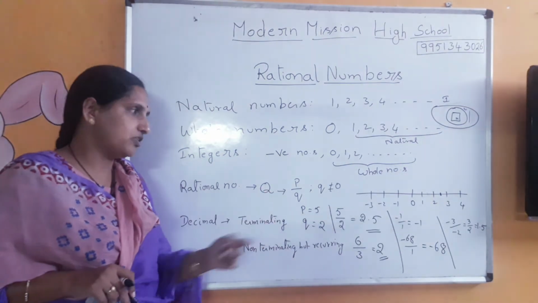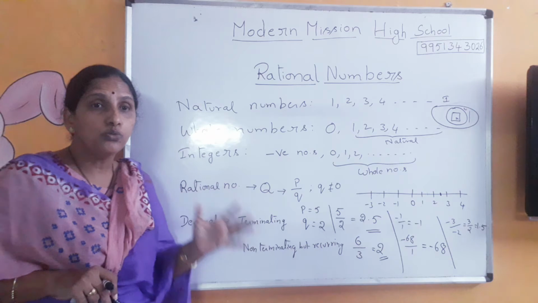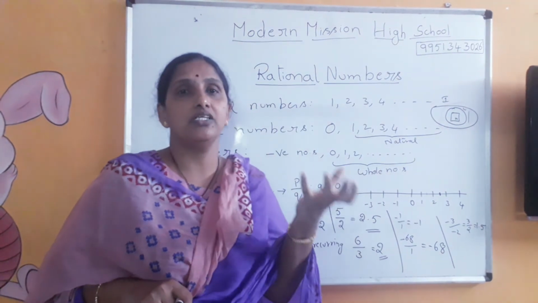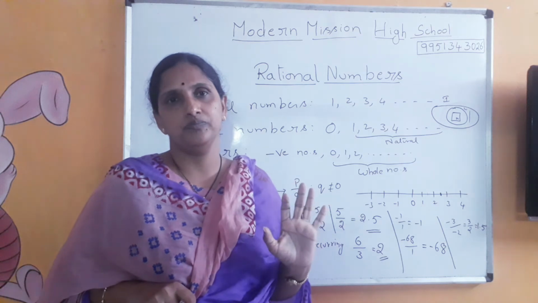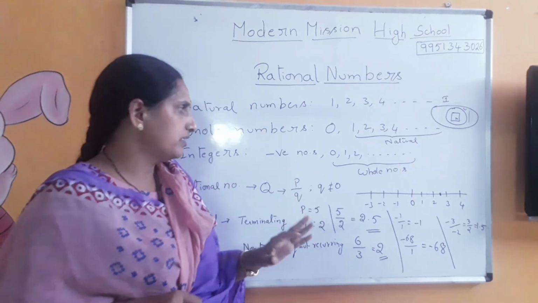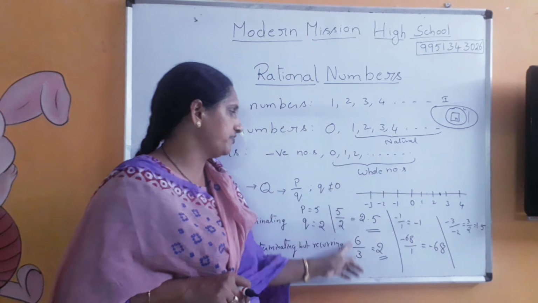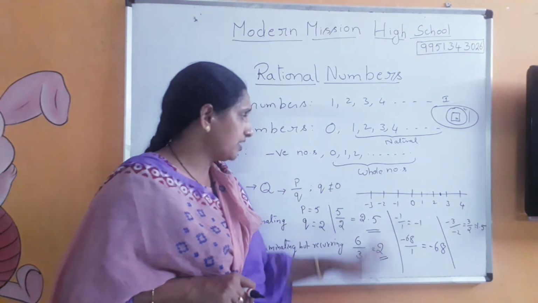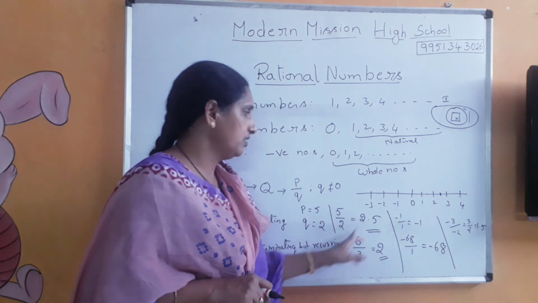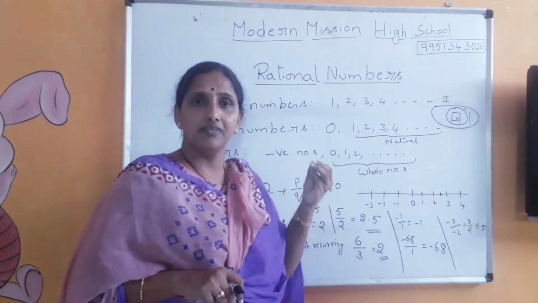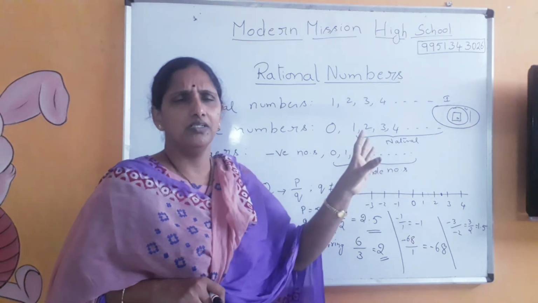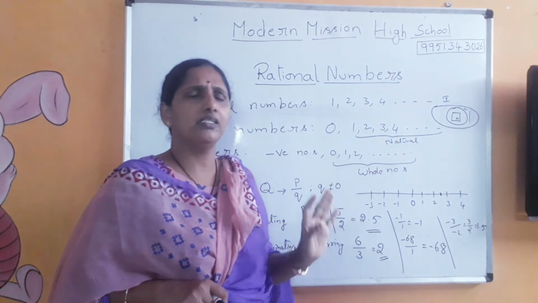Coming back to this: how to identify whether a given number is rational or not? One thing is very clear: whenever it is given in the form of a fraction, where Q is not equal to 0, you will write that every fraction is a rational number. Very simple. If anybody asks, what is 4 by 3?